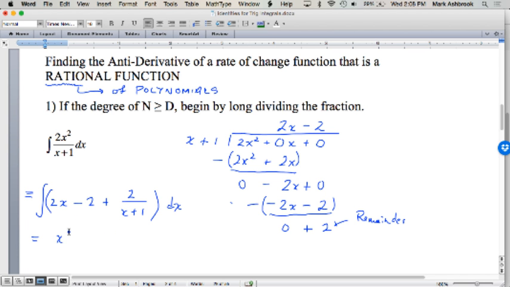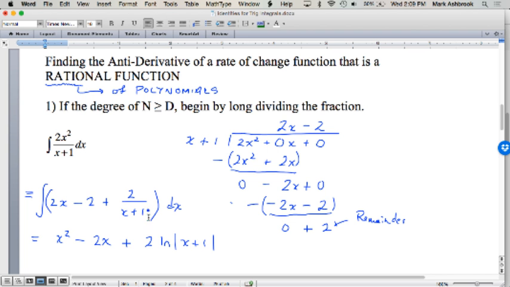Antiderivative is x squared, antiderivative minus 2x, and then how do we do 2 over x plus 1? Hopefully that's easy by now too. Yes sir or no? 2 times the natural log of the absolute value. Nailed it? Right, so this is like a really, really easy chain rule problem.